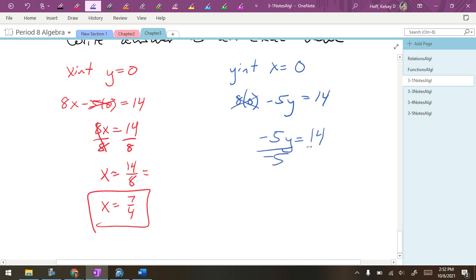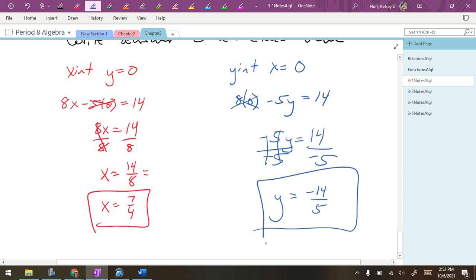Divide by negative 5. And because we're addicted to our calculators, we immediately pick them up and take 14 divided by negative 5, and we get a decimal. So what do we do? Just drag that straight down. The only thing I would do is put the negative sign up in the top, because otherwise I'll lose it. And check, can I reduce? Done.